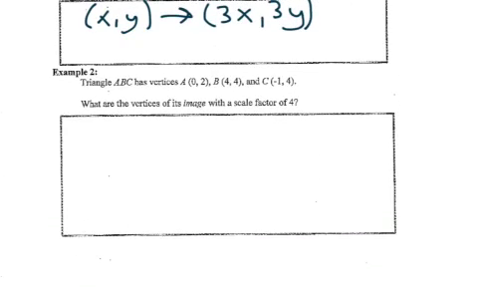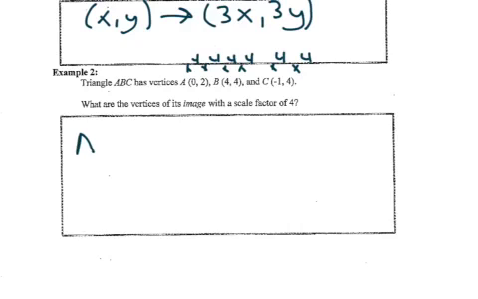For the next one, example 2, they gave us the vertices of triangle ABC. What are the vertices of its image with a scale factor of 4? So basically, every single value in your ordered pair, you are going to multiply by 4. Every single one. And you don't have to write this every time, I'm just showing you.